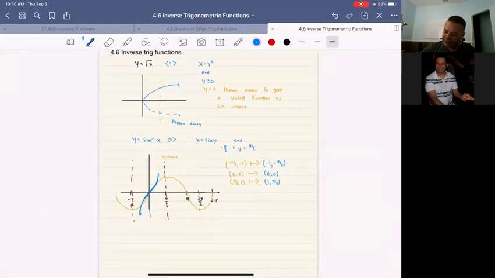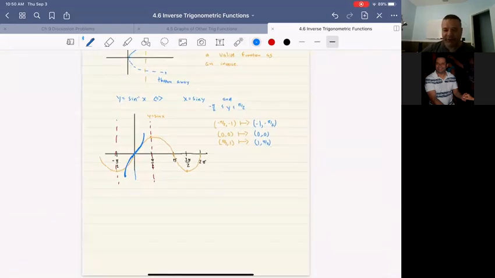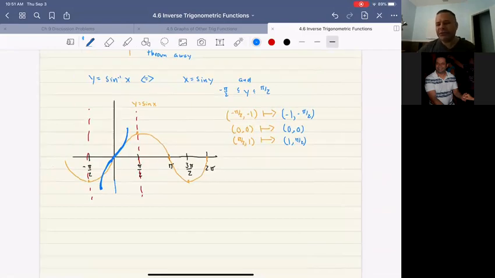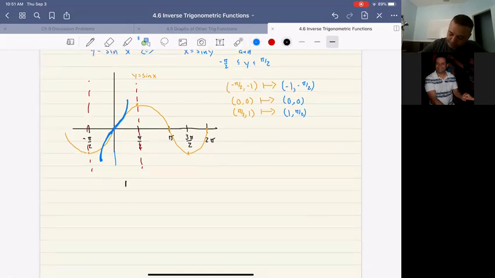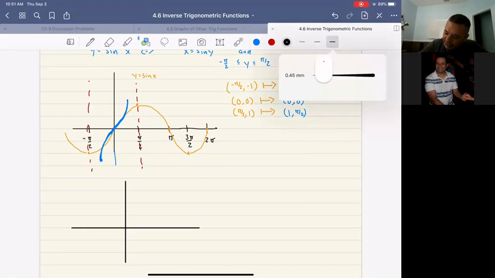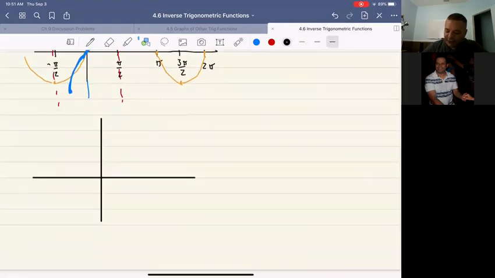Now I'm going to show you how I think about it. This is all well and good, but this is how I actually think about it in practice. I go to the unit circle.